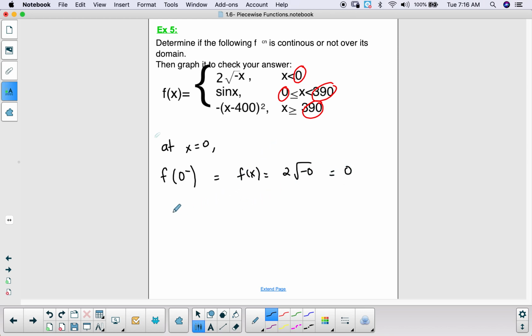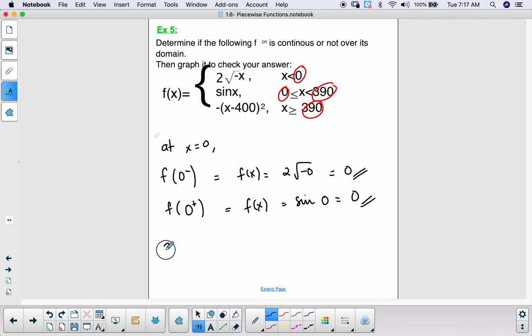And for values of x to the right of 0, which is 0 plus, at that 0, your function is sine of 0, which is 0. So you can see that at 0, regardless of whether you go with this function or this function, the value of the function is 0. So there's no breaks there.